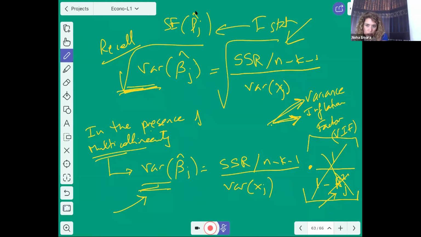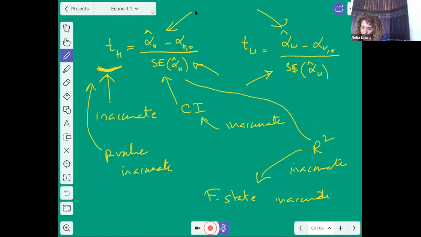So if you take just the square root of that, you will get this term, the standard error. I'm talking about the variance, assuming that you understand that its square root is the standard error.